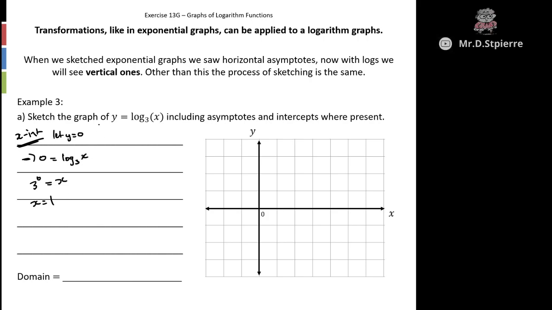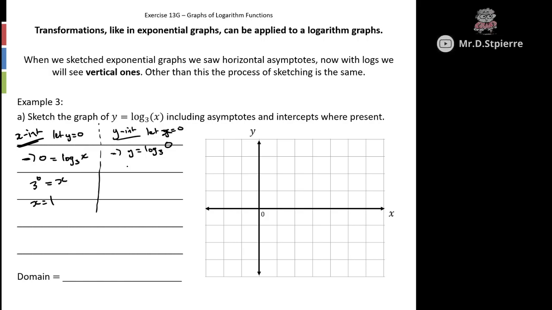So that gives our x-intercept. Let's try and find our y-intercept. Okay, so y-int, let x equal 0. It follows that y is equal to log base 3 of 0.